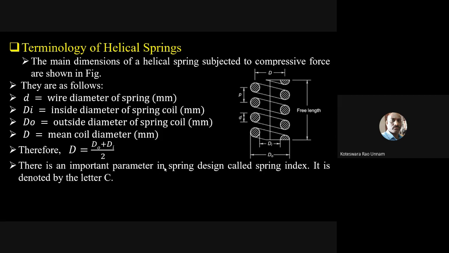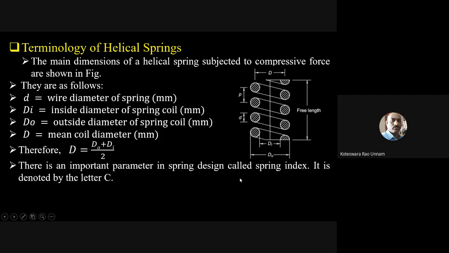For that, first we should know what the spring index is. The spring index is nothing but a ratio of two diameters: the mean coil diameter divided by the wire diameter. We denote that as the spring index.